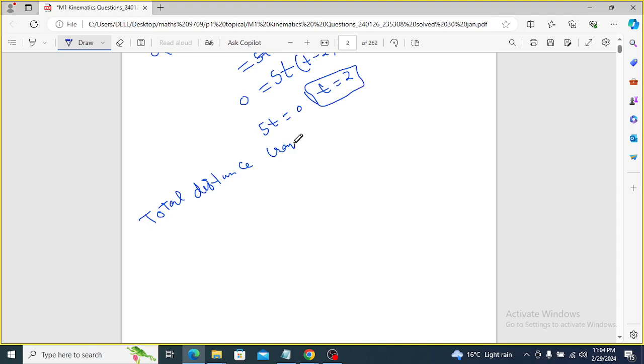Look, I am going to take the time interval from 0 till 2 when velocity is 2. My expression for the velocity is 5t into t minus 2 dt.